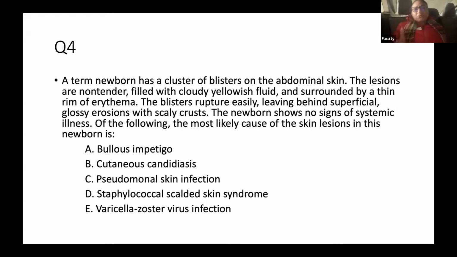Which would be the most common cause of skin lesion in this newborn? I'm not showing you the picture, I'm just describing how the blisters would look. So seeing that, where would you put this lesion? Bullous impetigo, cutaneous candidiasis, pseudomonal skin infection, staphylococcal scalded skin syndrome, or varicella zoster virus infection.